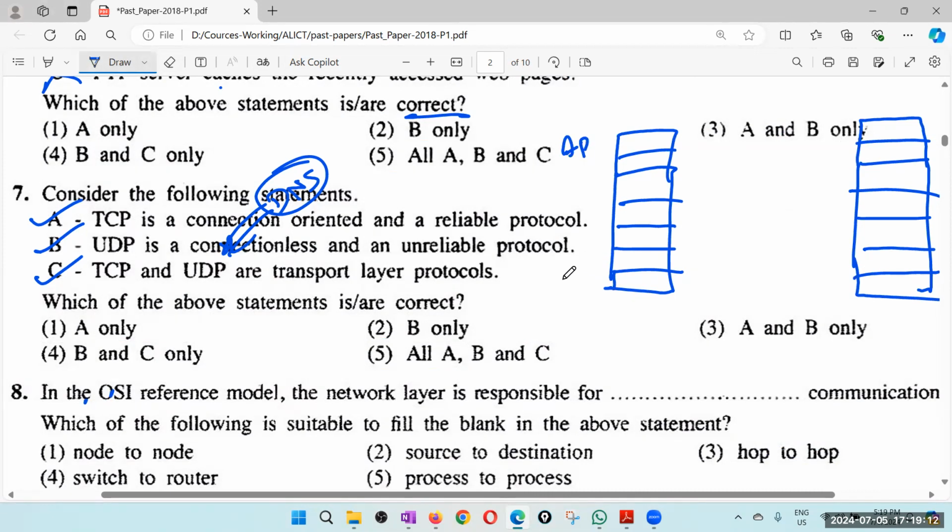Let's go from the bottom: physical, data link, network, transport, session, presentation, and application.